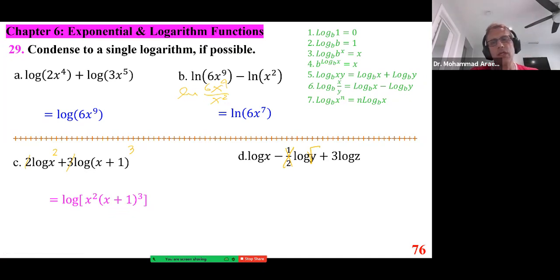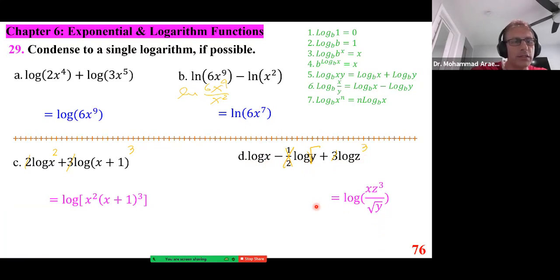We can do it in really one shot. Anything that has a positive goes at top. And this one, we drop the 3, we put it here. Now, this has a positive sign, this has a positive sign. So x times z cubed. This has a negative sign, it goes down.